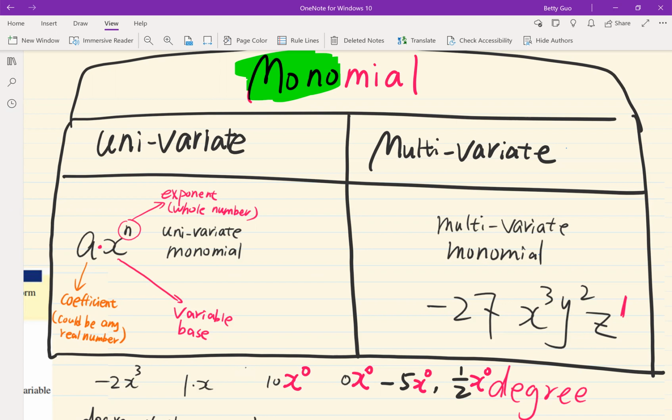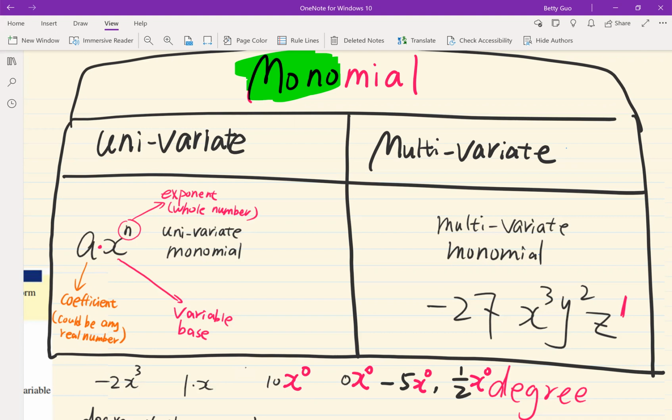Let's look at the definition for univariate monomial first. Super important. Anything which can be written in the form, there are 3 parts: A, X, N. Any expression which can be written in the form a times x to the power of n is a monomial.